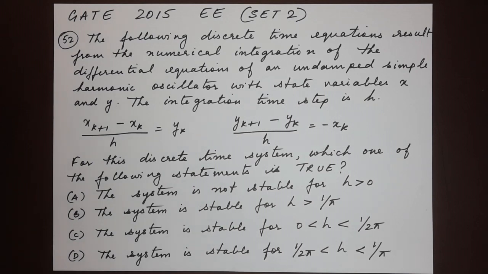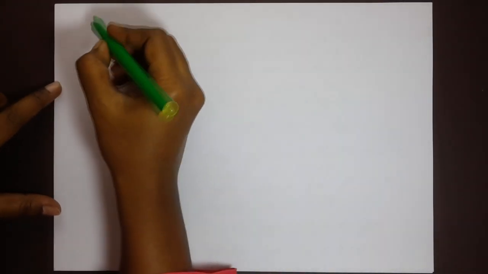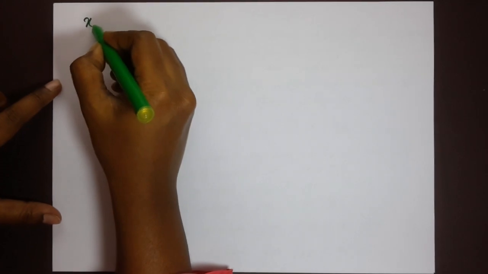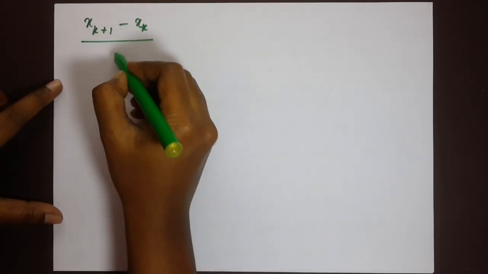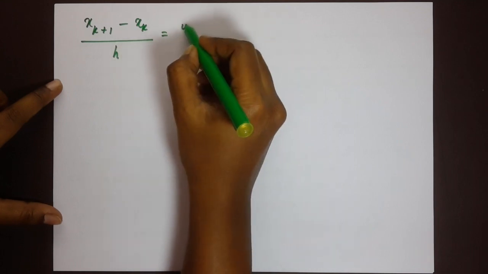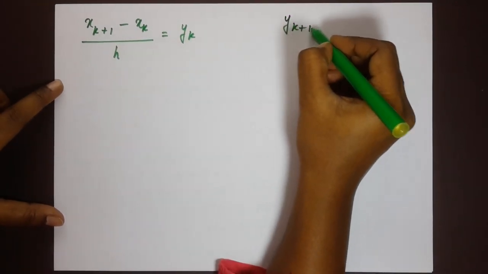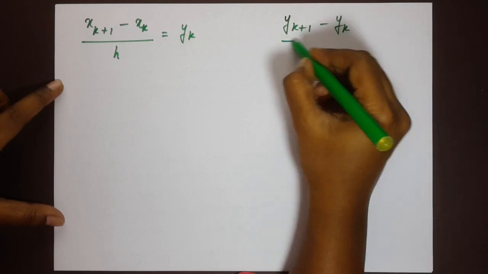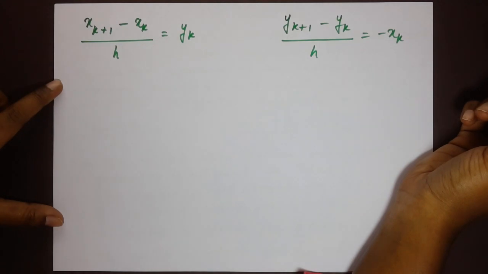So we'll begin with the equations given. The equations given are xk plus 1 minus xk divided by h equals yk, and yk plus 1 minus yk divided by h equals minus xk.